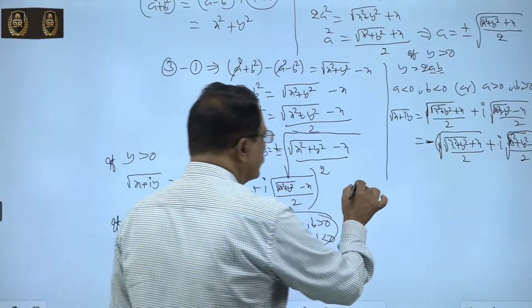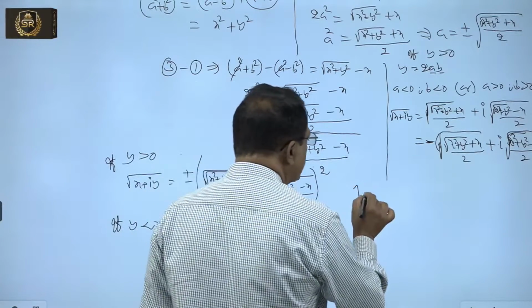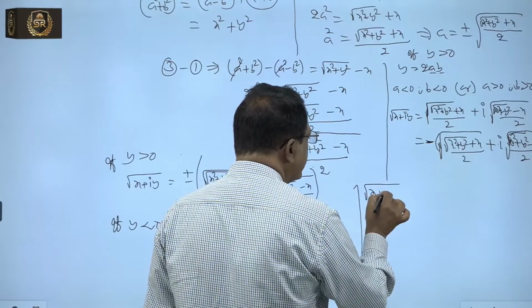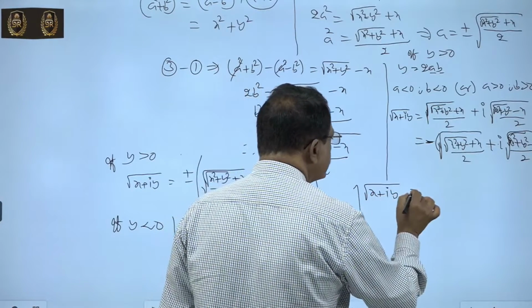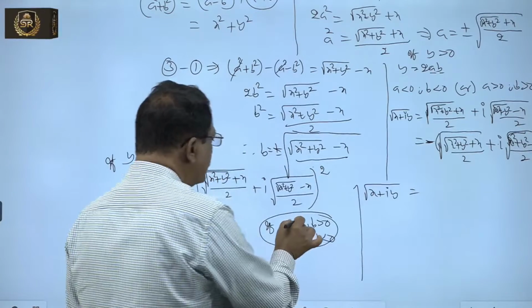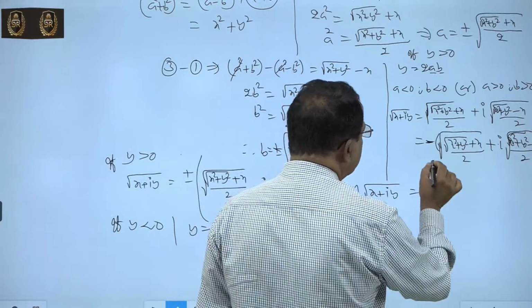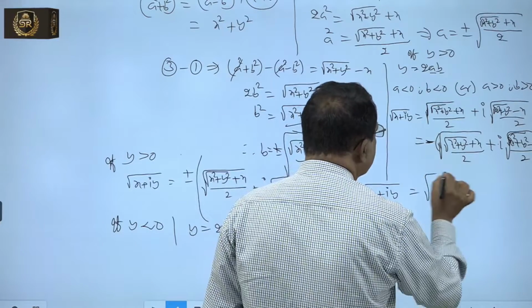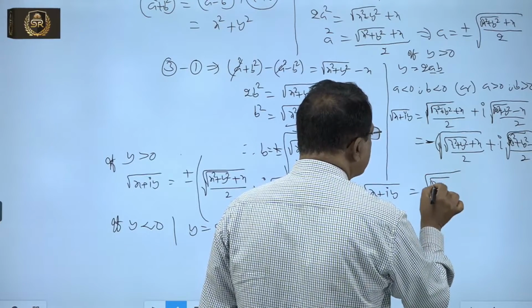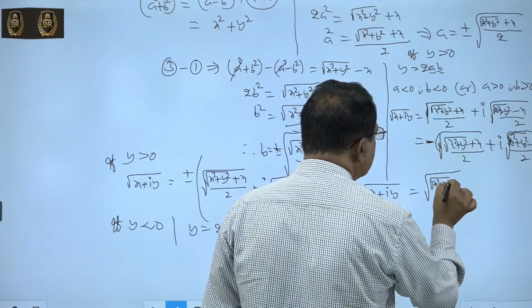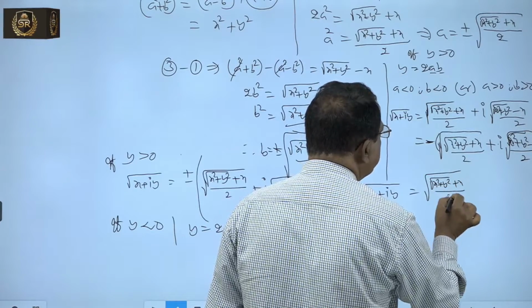Now in that case, the root of x plus iy equals, first take a as a positive value and b as a negative value. a positive means under root of the square root of x square plus y square plus x by 2.